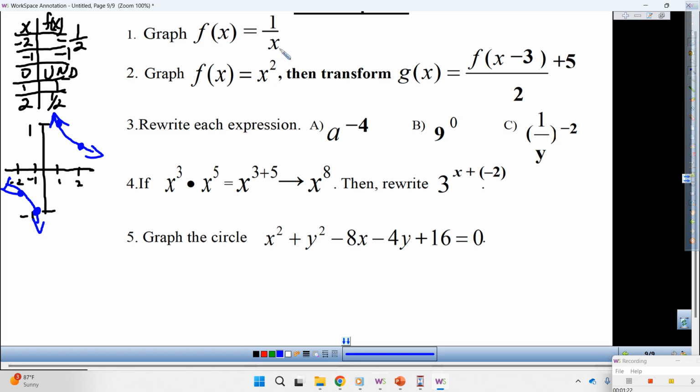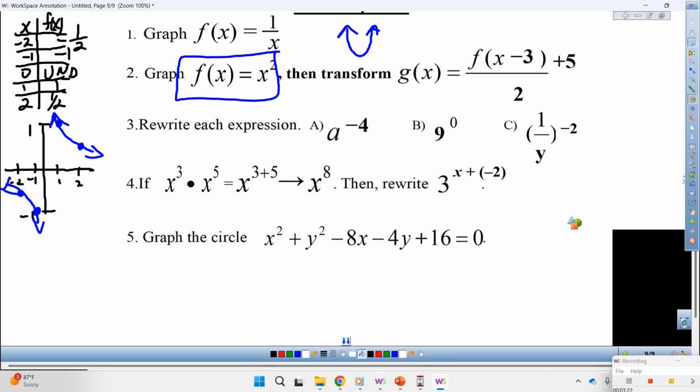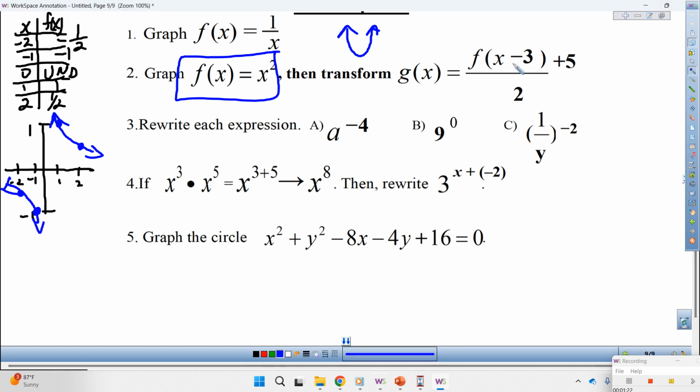Graph f of x equals x squared. So here it goes. There it is. It's a parabola. However, what's going to happen with this? Well, Mr. Q, it's kind of funky, but we need to rewrite that first. All right, so to rewrite it, let's see if you remember, it has a leading coefficient of 1.